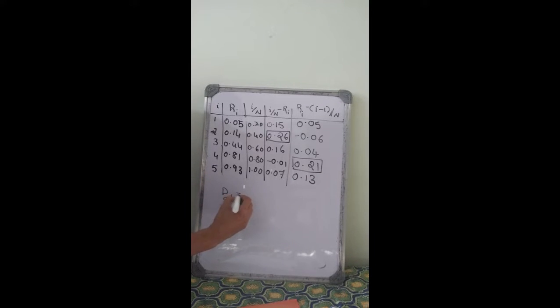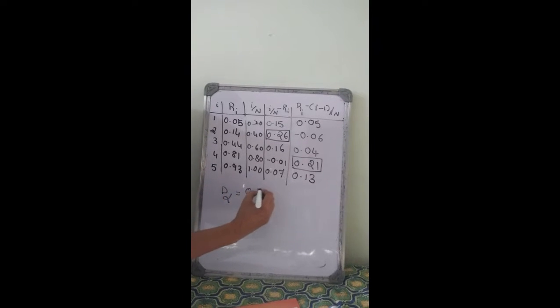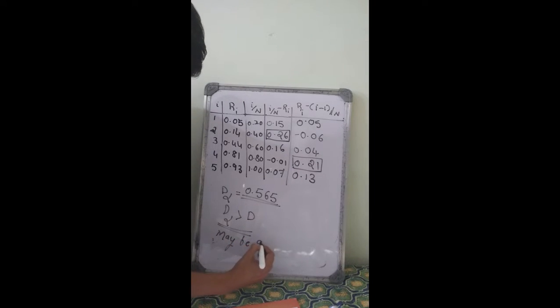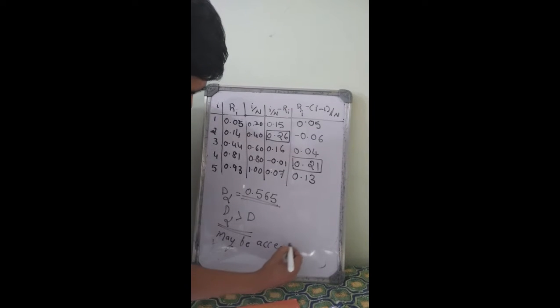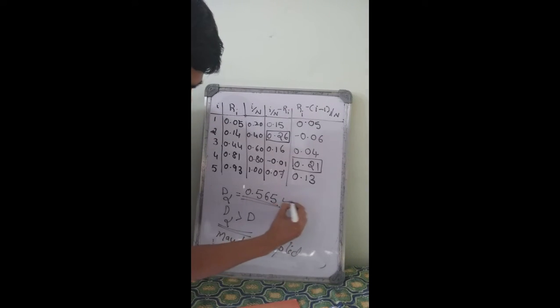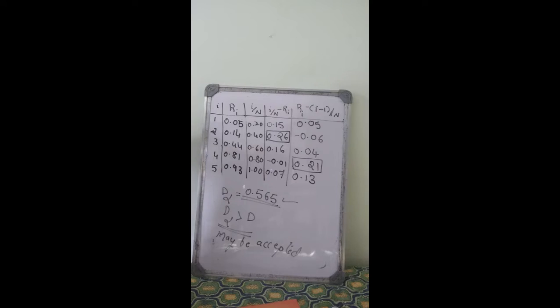So this value is 0.565. Now D alpha is greater than the value of D, so hence this set of numbers may be accepted. How to find this out, I will explain in the PPT. Thank you.